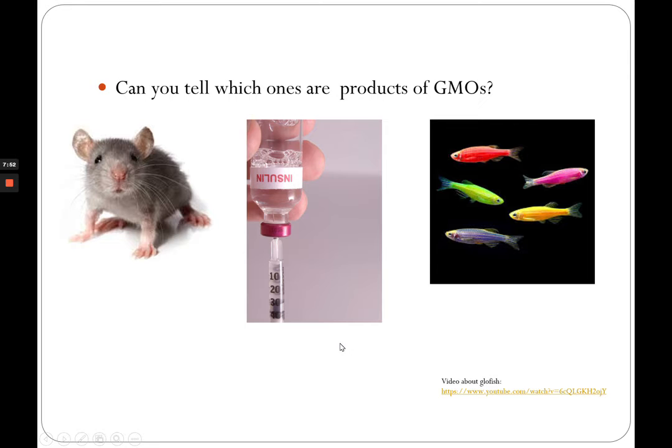Let's try this one. Which one of these three are GMOs? Is it the mouse? Is it the insulin? Or is it these little tropical fish? The mouse in this case is just a cute little mouse. The insulin is actually a GMO. It's a GMO product, meaning that the insulin that's made has been created from a genetically modified bacteria.